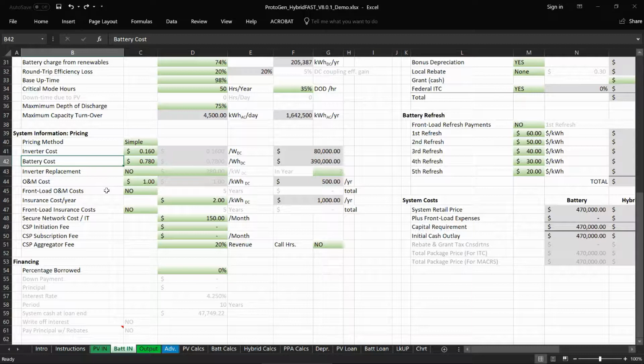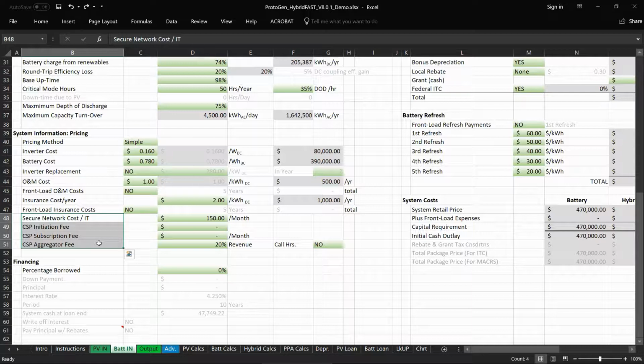And then the next section that's important for the battery is these secure IT costs and CSP fees. A CSP is a curtailment service provider, and we'll go into that in detail in a future video. But what's important to understand here is there's more than likely a third-party operator that's going to be needed to manage your battery system and follow the market control signals.